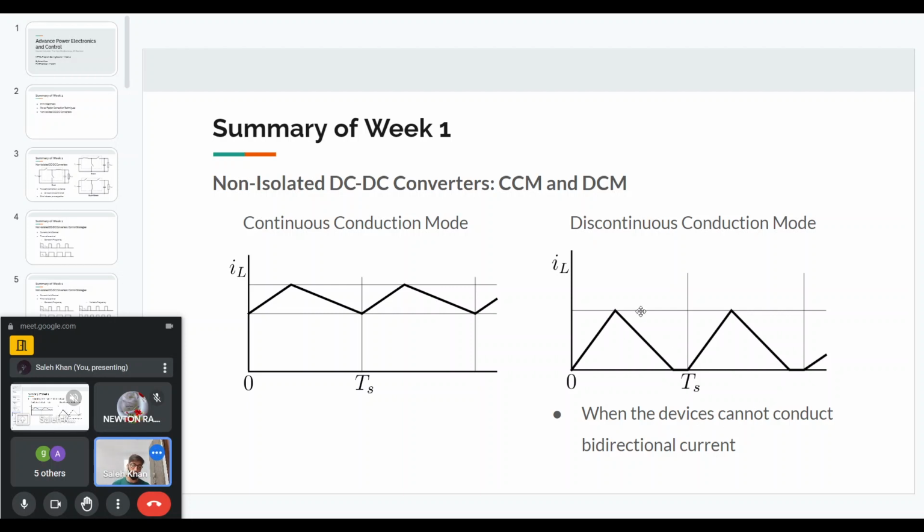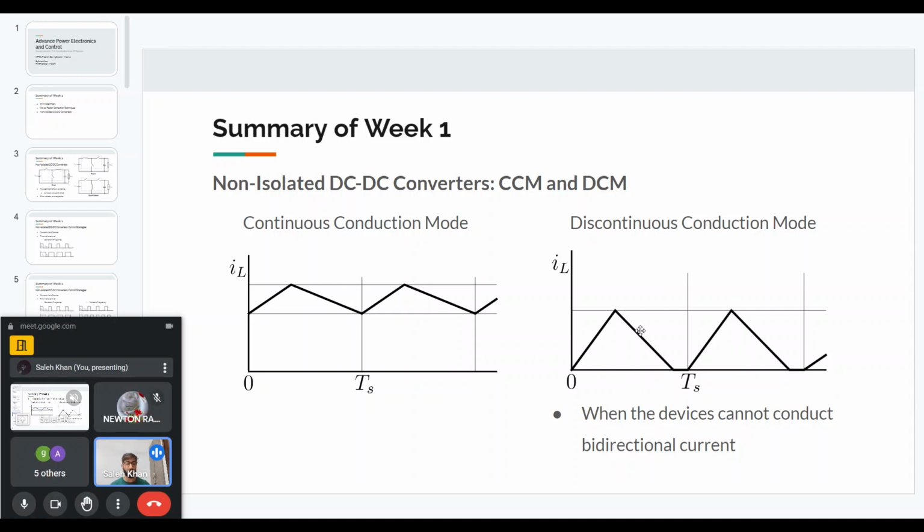DCM happens because our devices cannot conduct bidirectional current. In most cases, the falling of inductor current is carried by a diode, and the diode can only conduct positive current. If the current goes to zero, had it continued in this direction, it would go negative. But since we have a diode, the current cannot go negative. That is why we have a discontinuous conduction mode.